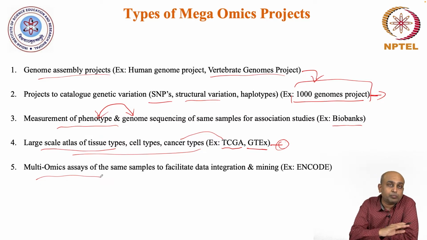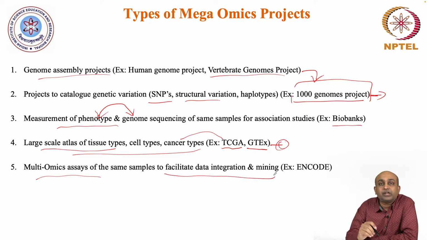So these many omics assays are being done so that the data can be integrated and you can mine for interesting biological information from this. For example, one example is the ENCODE project, which we touched upon earlier. It's the Encyclopedia of DNA Elements. It started off for the human genome, then of course it has moved on to other non-model species, right?